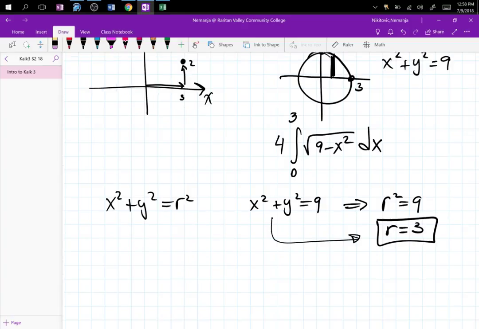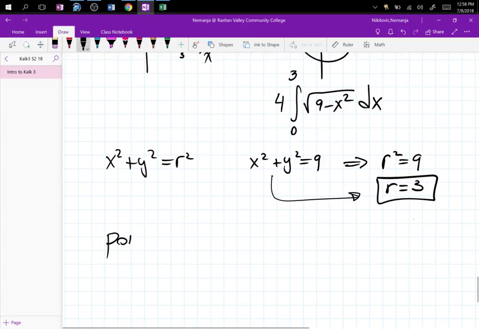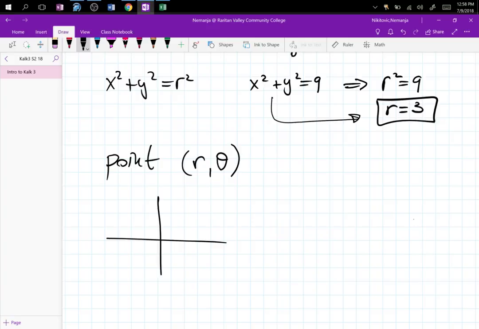So what is the polar realm? Well, the point in it is r theta. And the way it works is, it's still on the xy coordinate system, but it works differently.